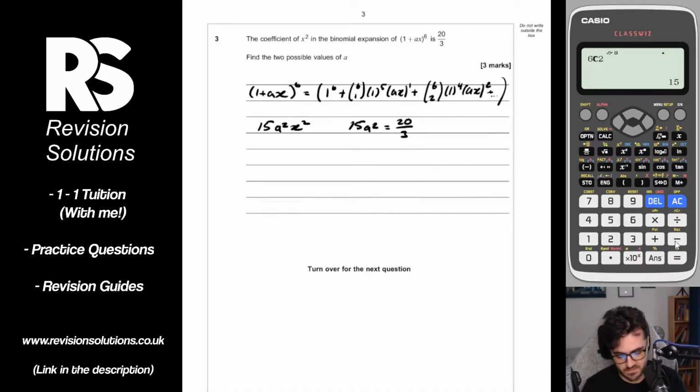And now if we solve for a, first we get a squared is 20 over 45. And that simplifies, if we divide both top and bottom of the fraction by 5, to 4 over 9. And then square rooting that, making sure we do plus or minus, that's where our two solutions come from, we get plus or minus 2/3.